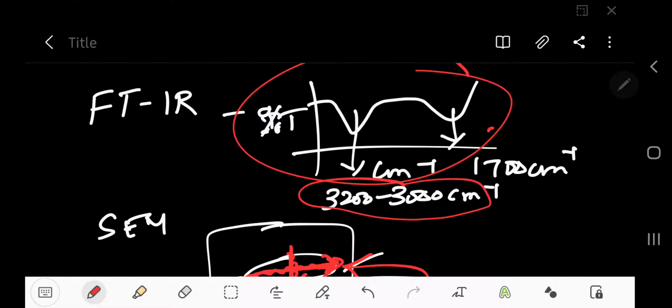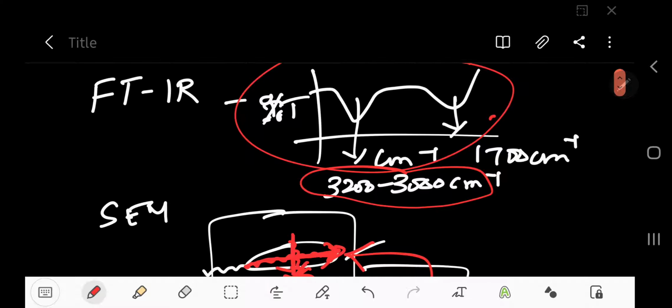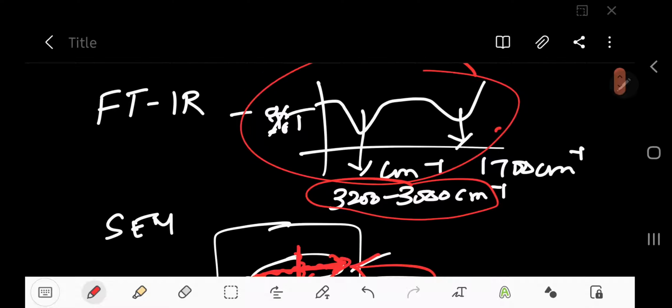The vibrational transition, when it happens, absorbs IR radiation, right? Especially the functional groups will undergo the vibrational transitions, because when the IR passes through a molecule, the molecule will have only the functional group on the surface. Only the functional group will be exposed. That's why the functional groups will undergo vibrational stretching or vibrational bending under infrared radiation, right?